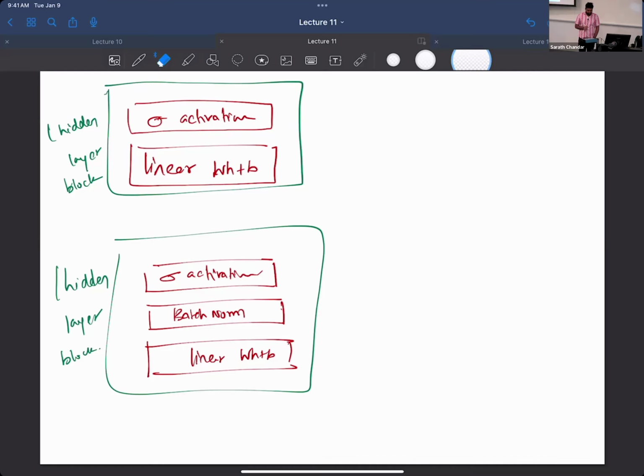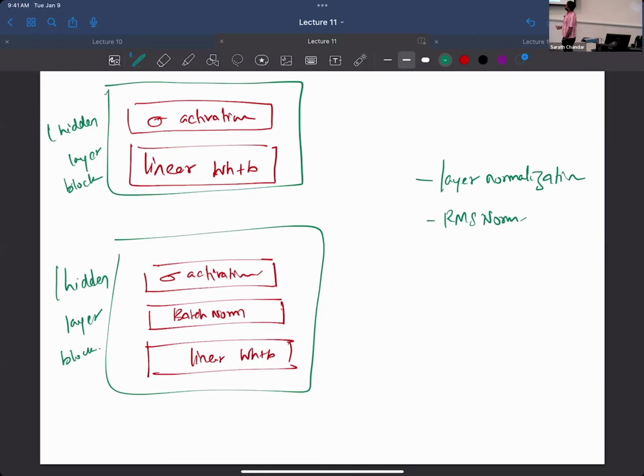Which is why people have developed a variety of normalization techniques. Some of the most popular ones are layer normalization and RMS normalization. I'm not going to explain what they are, but you can read about them. They're just different ways of normalizing.